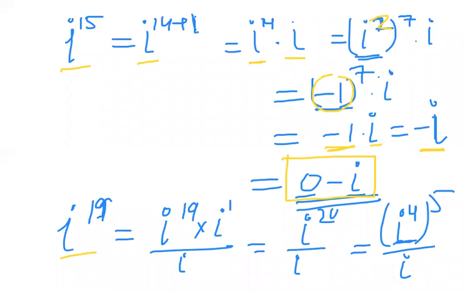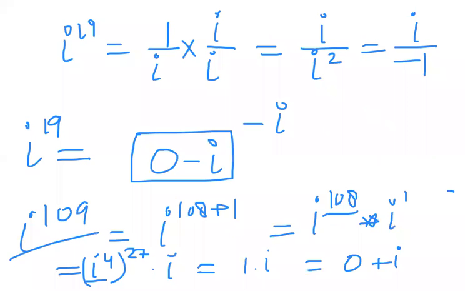Likewise, i to the power 19 also can be calculated. i to the power 19, I multiply and divide by i. In multiplication powers get added, so it is i to the power 20 upon i. i to the power 20 can be written as i to the power 4, whole to the power 5, upon i. Now i to the power 4 is 1, so it is 1 upon i. i cannot be left in the denominator.